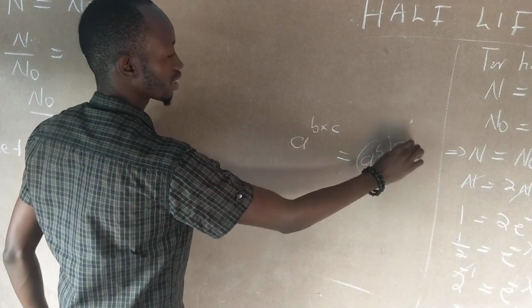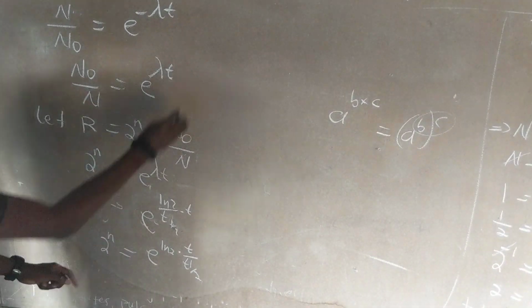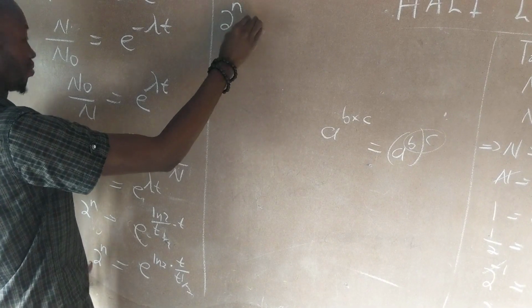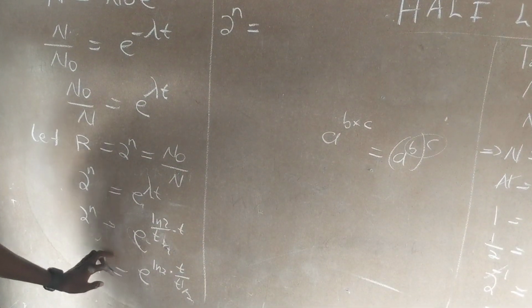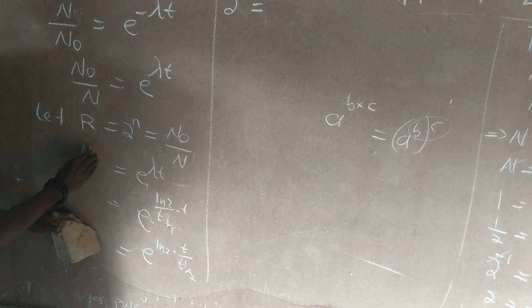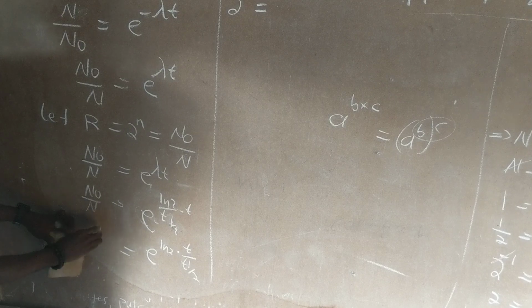Because all these numbers are powers, you can put either one inside the bracket. So if we apply the same logic here, let's just maintain this as N0 over N. You can use the concept later.